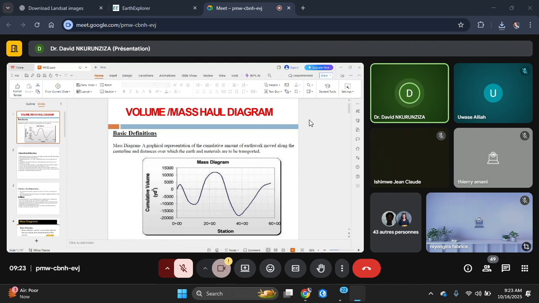So this curve is drawn whereby the x-axis, the horizontal axis, is representing the linear information of the road project from the start till the end, and the vertical part of the curve, which is known as the y-axis, is represented by the amount of earthwork, the volume, which is cumulative.